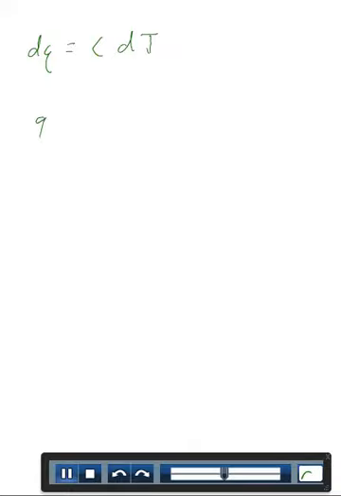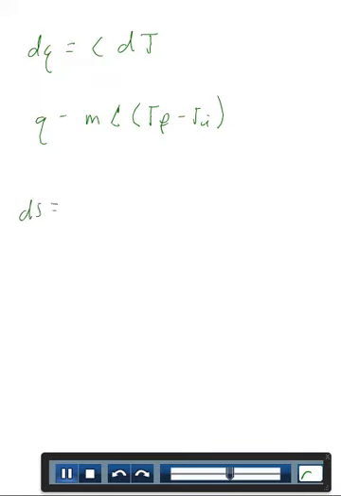If we integrate both sides of this equation, we get our common expression: the heat flow is equal to the mass times the specific heat times the change in the temperature. So this is how we can express the heat flow.